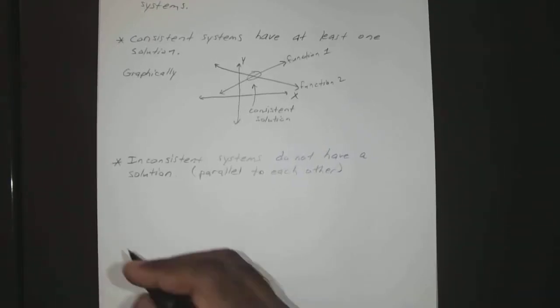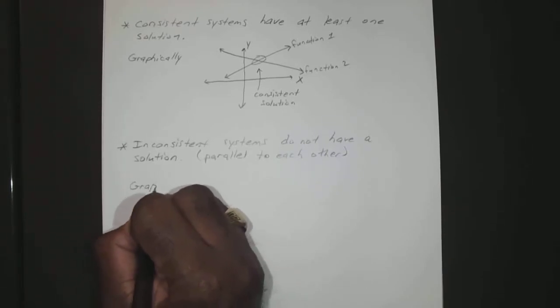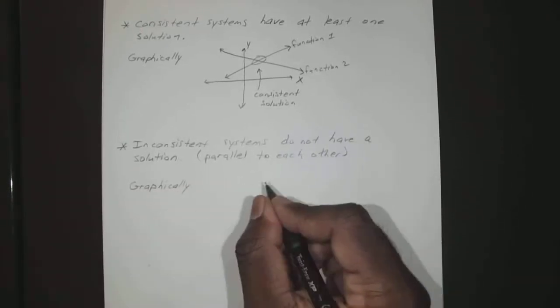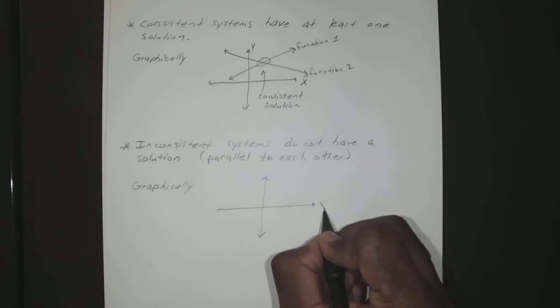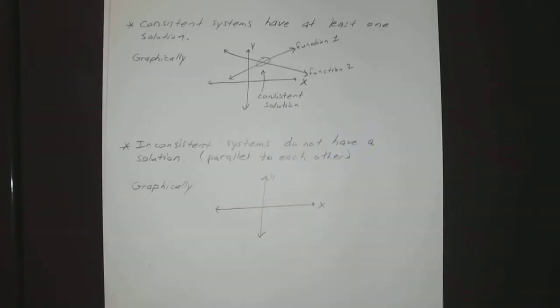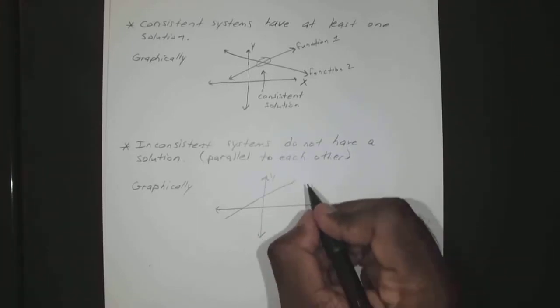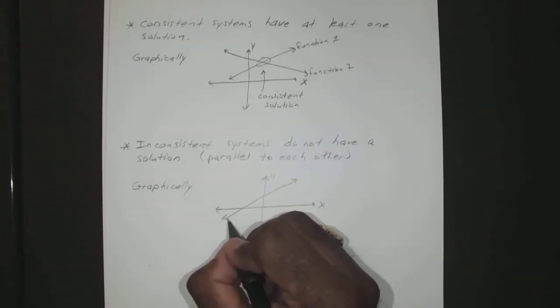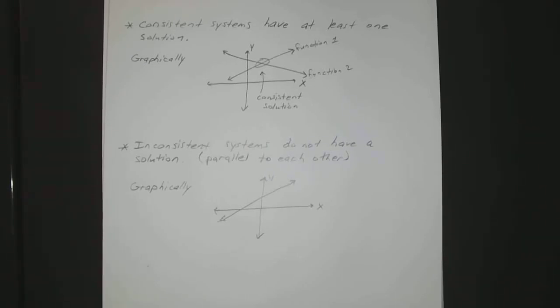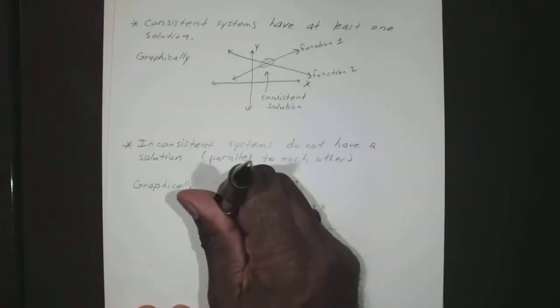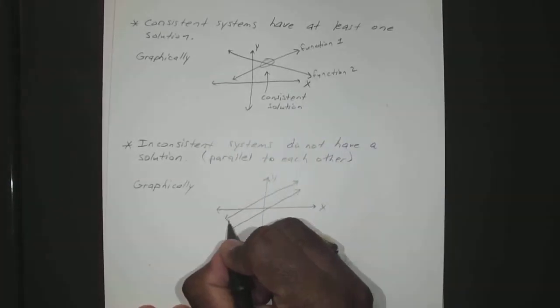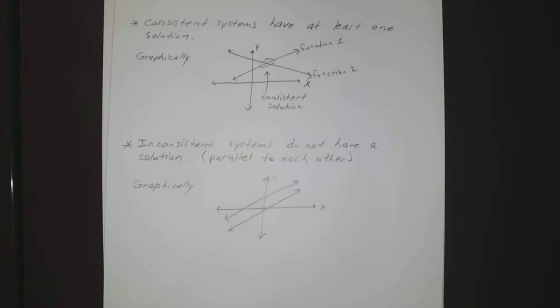If we drew a graph of that one, with our x and y axis, and a function here, the only way it will never intersect is if the other one has the exact same slope. Which means at no point will they ever cross. You can think of them as like railroad tracks. They're always just right next to each other.